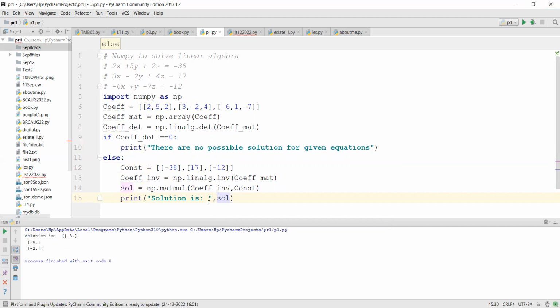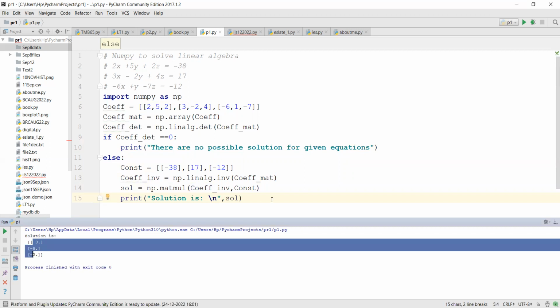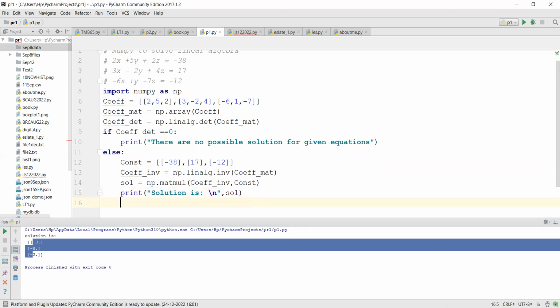So see, and if I can give \n, let it come in the next line. 3, minus 8, minus 2. So it says, or you can even say that solution is, or you can say x equal to, y equal to, z equal to, right?